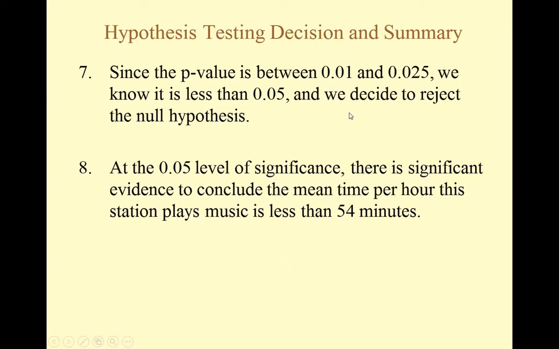So my decision is to reject the null hypothesis, which means in summary, I would say using a 0.05 level of significance, there is evidence. I do have significant evidence to conclude what the mean mu, right? The mean time per hour this station plays music across all hours really is less than 54 minutes. So it seems that the listener was correct in her assumption.